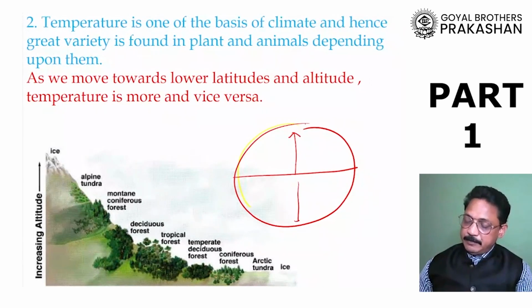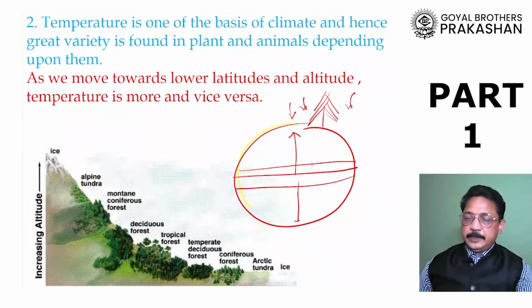When the temperature decreases, it is not suitable for the growth of big plants. So in the tundra region and the taiga region, we will find coniferous plants, or there may be moss or very small grass growing. But when I come to the equatorial region, there will be excellent, very high growth of plants.